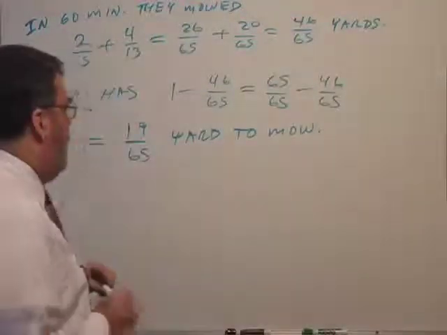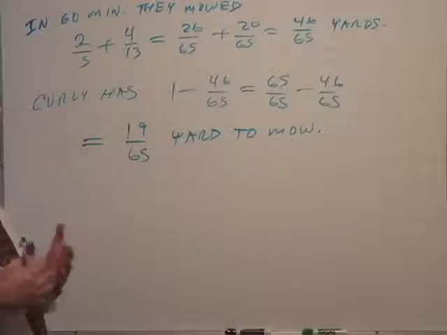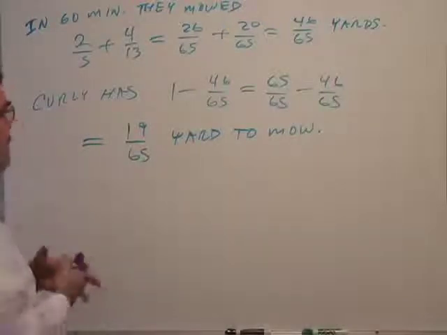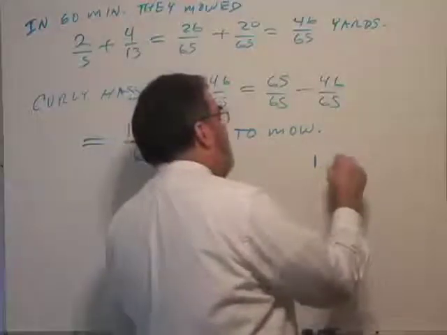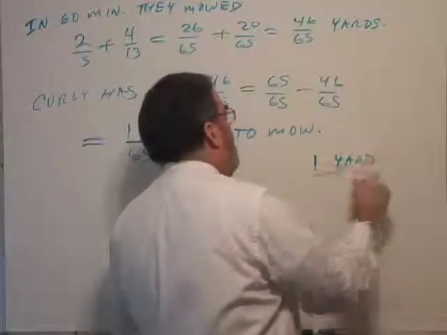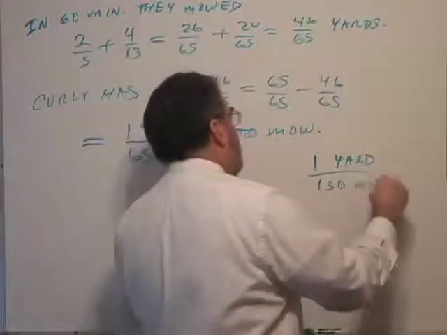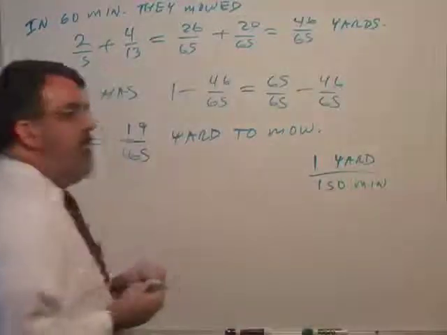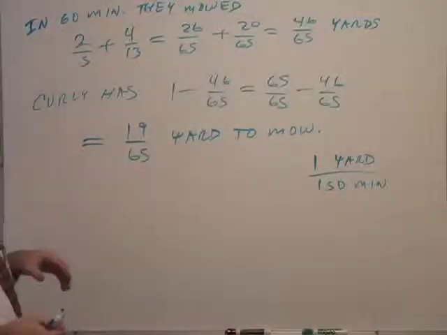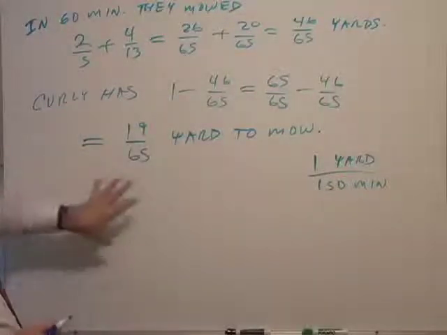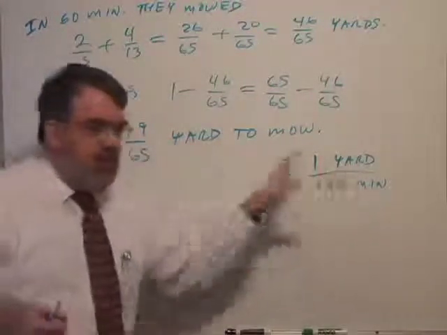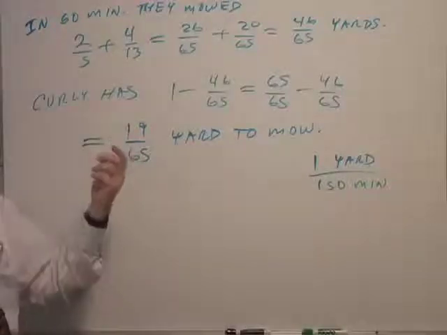Okay, now how we're going to finish this, we don't know how long it took him to complete the job. And we have his mowing speed is 1 yard per 150 minutes. So how are we going to put the units together here? All right, well, here I want to somehow mix this together so I end up with minutes.